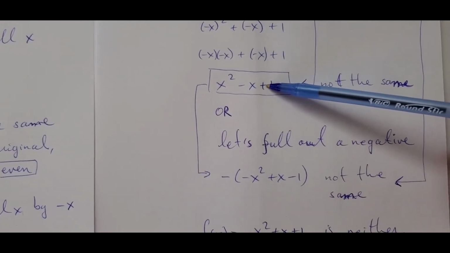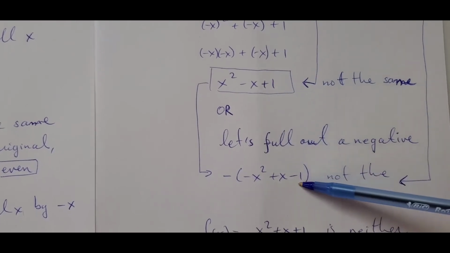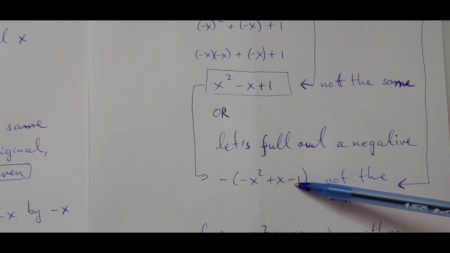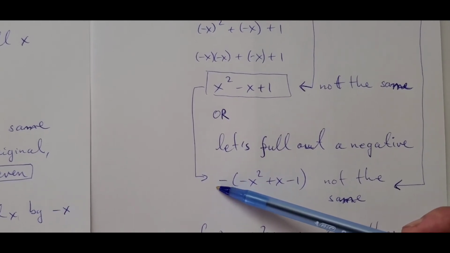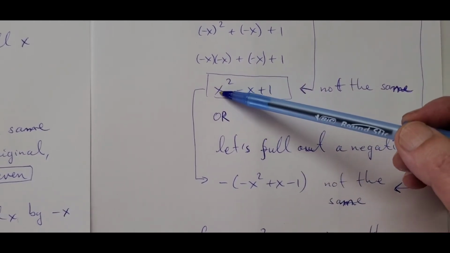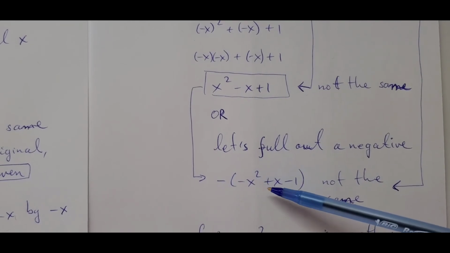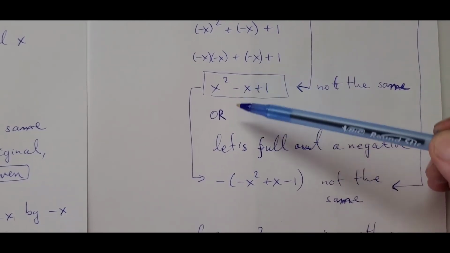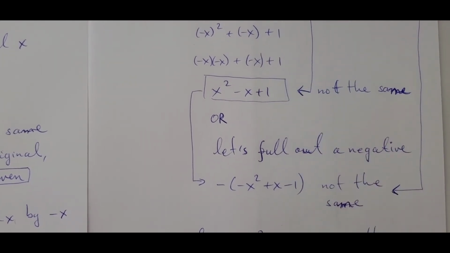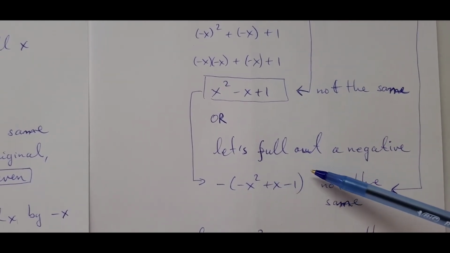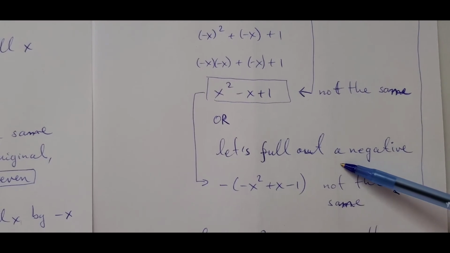Take out a negative from the last term, it will be minus. How do I know that it is correct? Just multiply it back or distribute. Negative times negative gives plus, negative times plus gives minus, negative times negative gives plus. So that's how you pull out a negative.